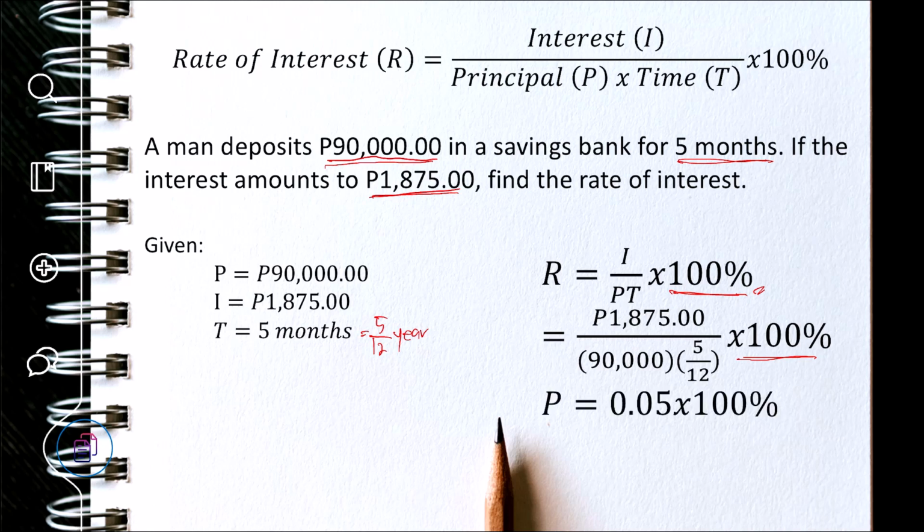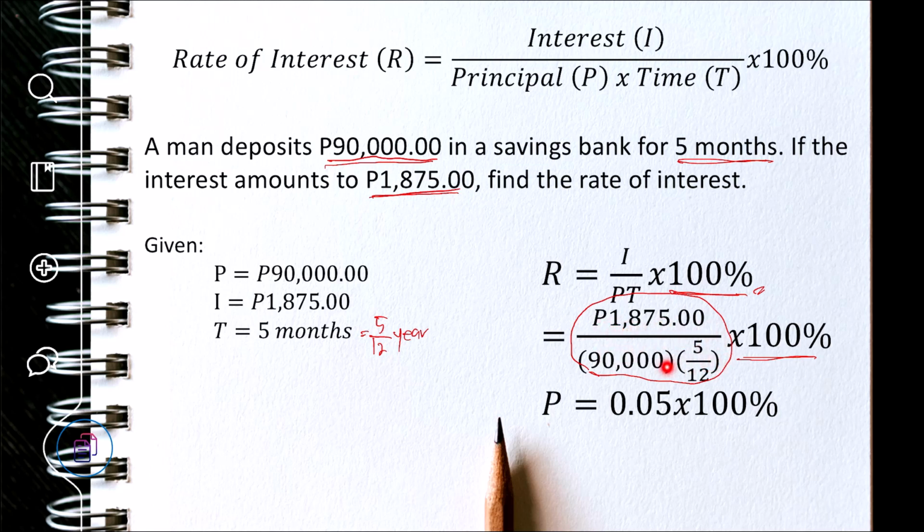Unahin muna natin to para hindi tayo masyado malito. Ito muna unahin niyo, 90,000 times 5 over 12, and then divide natin dito.